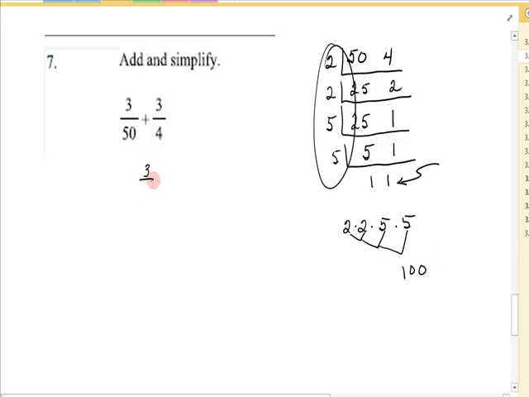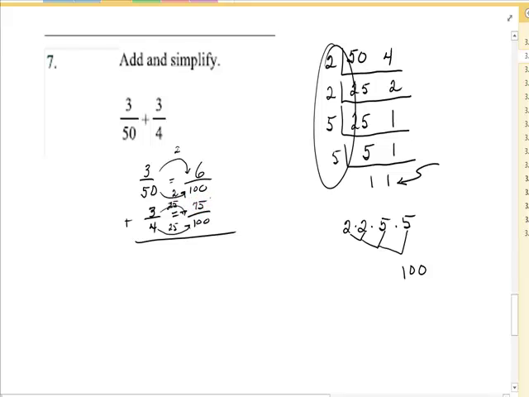So I have 3/50 plus 3/4, and my common denominator is 100. 50 goes into 100 2 times, so multiply the top by 2, and I get 6. 4 goes into 100 25 times, and 25 times 3 is 75.